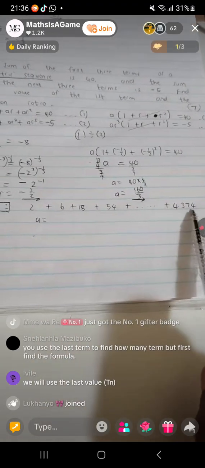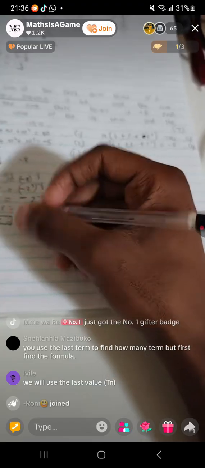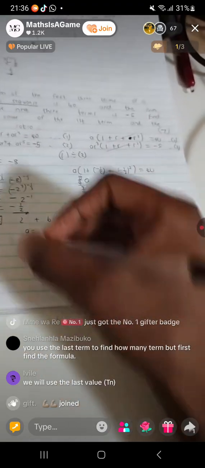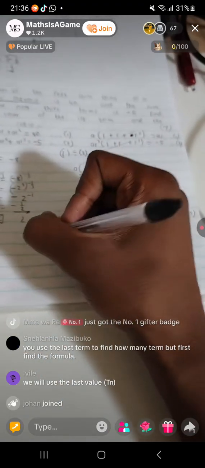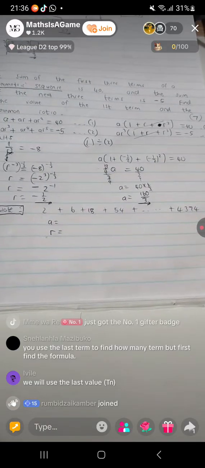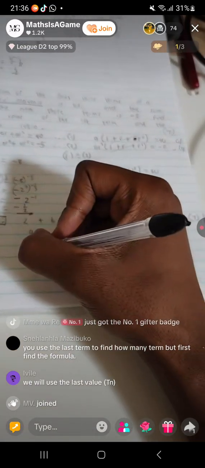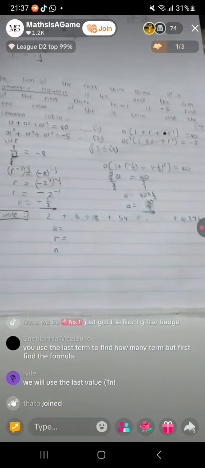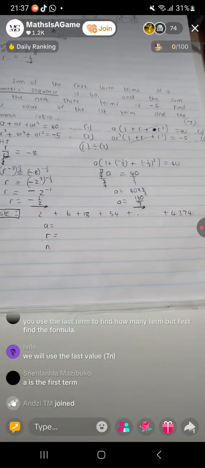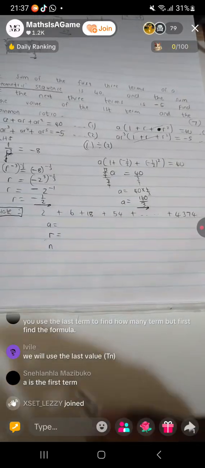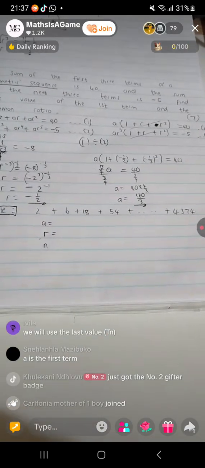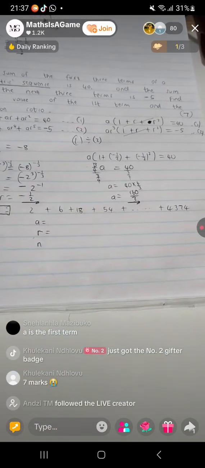So first and foremost, obviously we need A, R, and then of course N. What is A? A is the first term. What is the value of the first term? Okay, I'm really taking things slow today, guys.